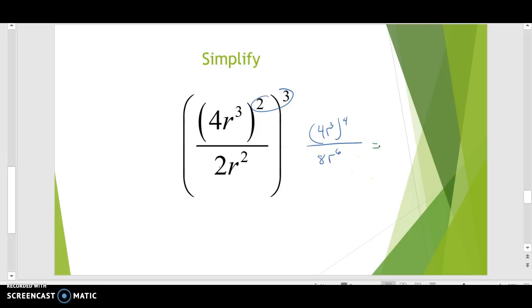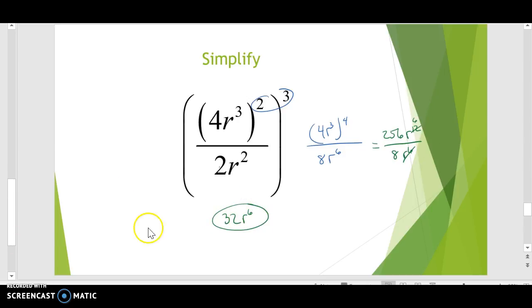So I'm going to raise 4 to the 4th, 256, and it's going to be r to the 12th over 8 r to the 6th. Now, 256 divided by 8 is going to give me 32. Then 6 r's cancel off 6 off the top, leaves me with r to the 6th.